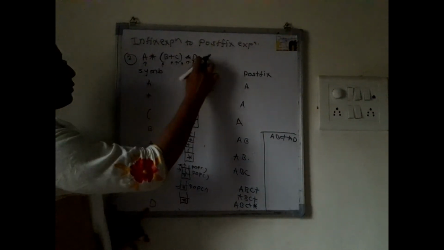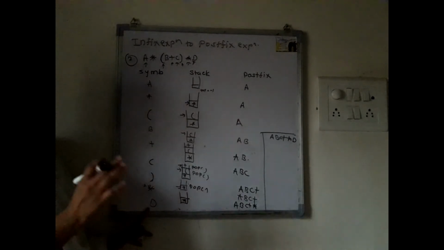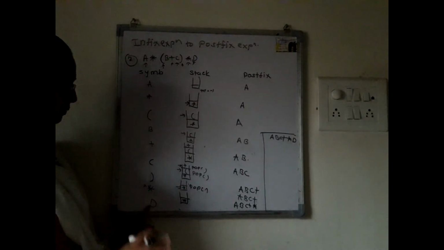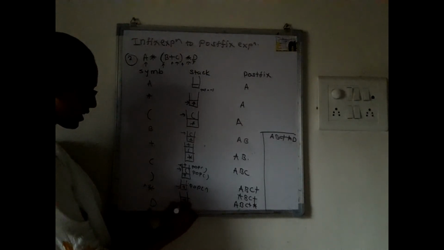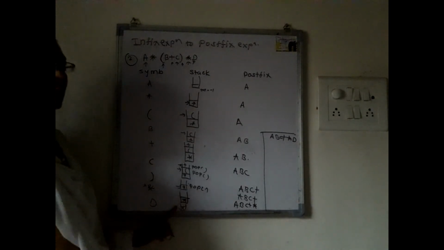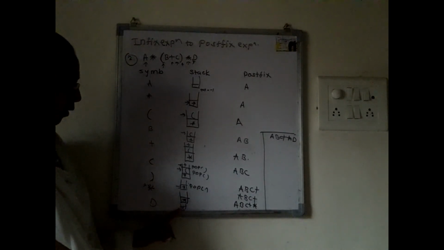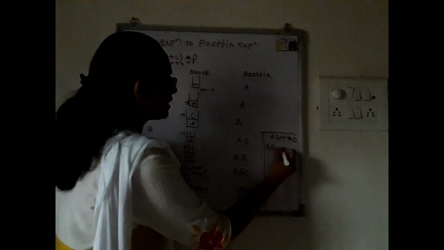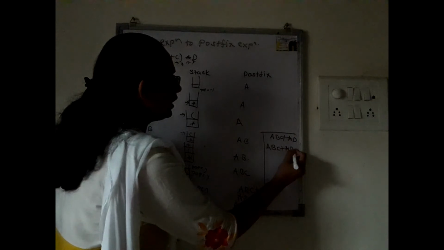Next symbol, there is no symbol. It means that our infix expression is over. But in our stack, one operator is remaining. So we will pop that top operator and put it into the expression. So our expression becomes ABC plus into D into.